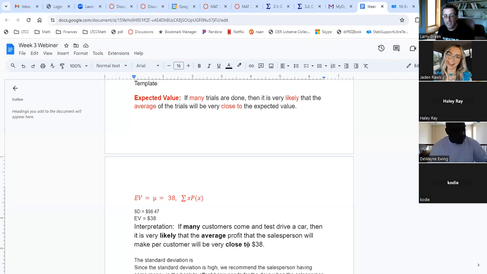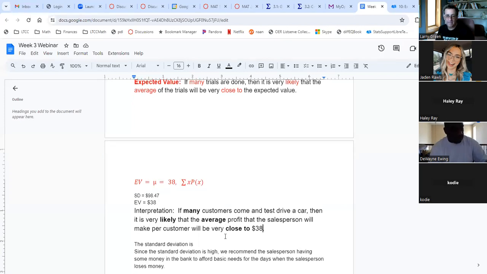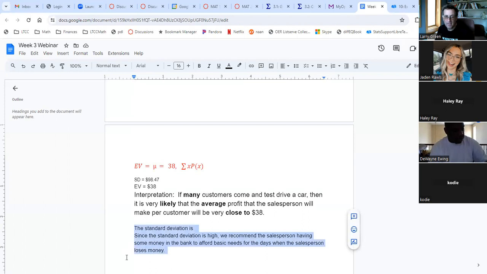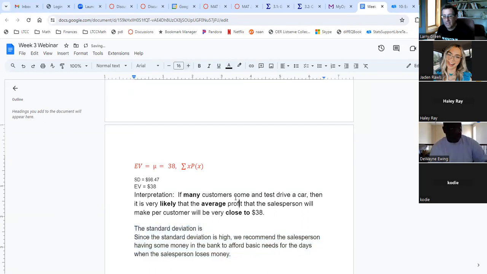Any questions at all on interpreting the expected value? Okay, if there aren't any questions on that, let's look at the standard deviation. Remember, the standard deviation that we've had before is a measure of how much your data tends to vary.